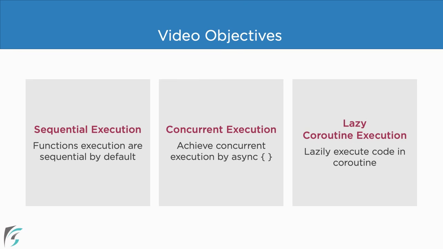Then finally we will explore how to execute a block of code lazily using coroutine. And if this term lazy is new to you, then don't worry, you will understand what it means when we see its demo. Well, it is something from the Kotlin programming language. So without wasting any more time, let's begin.